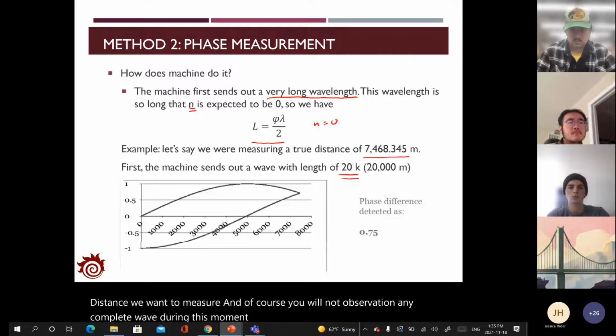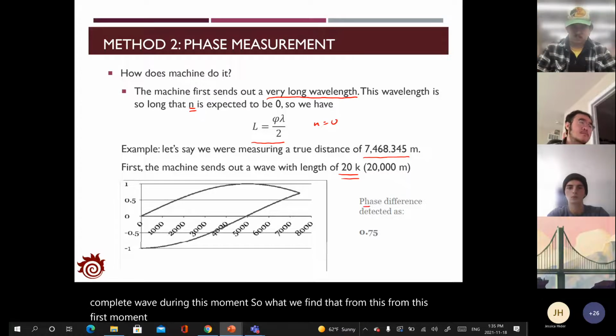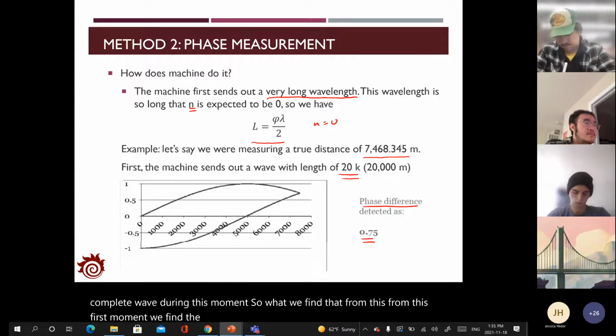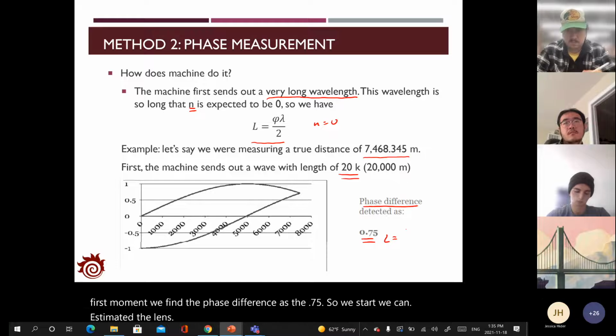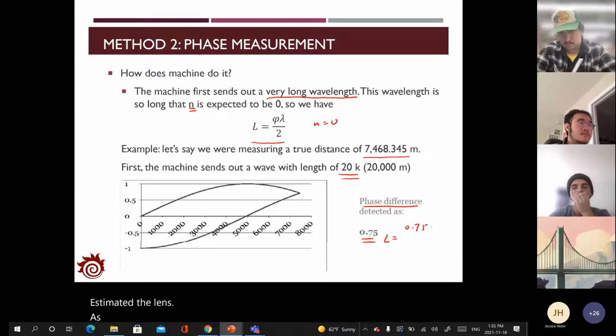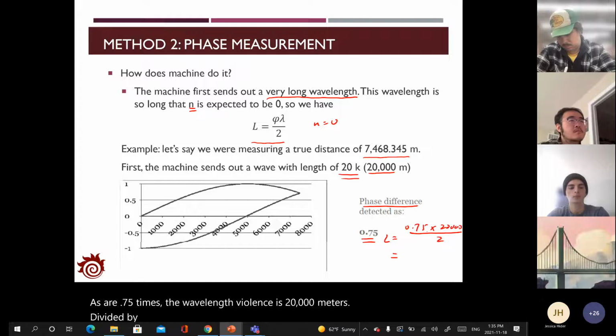From this first measurement, we find the phase difference as 0.75. So with that, we can estimate the length as 0.75 times the wavelength, 20,000 meters, divided by 2, which will give you a distance of 7,500 meters. So that's the first measurement.